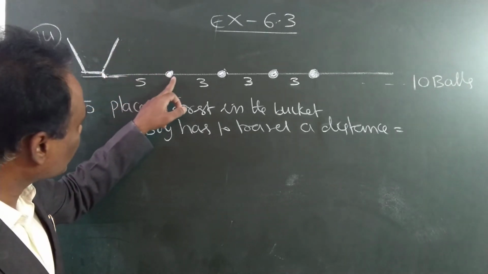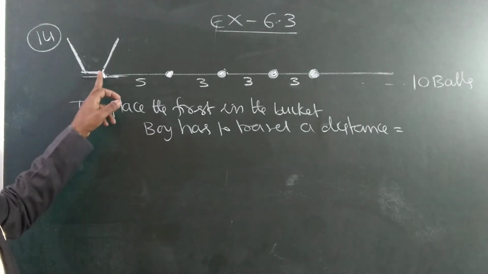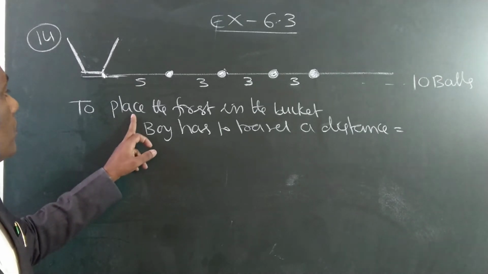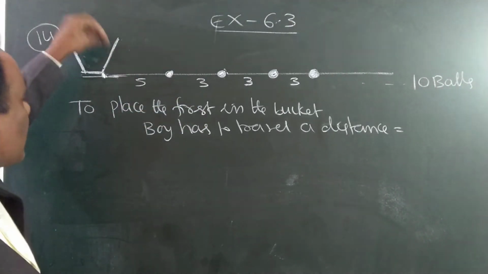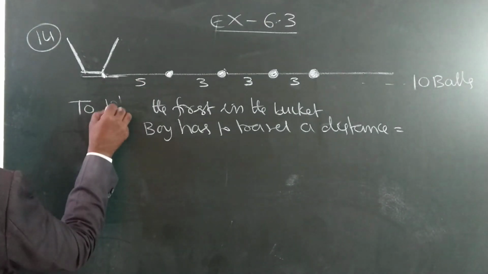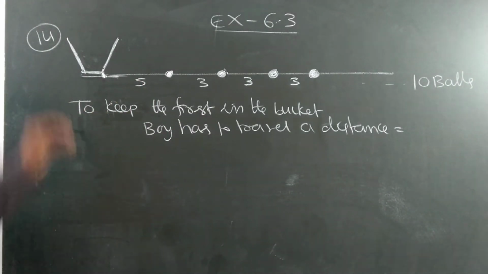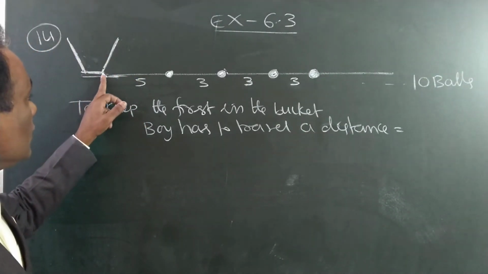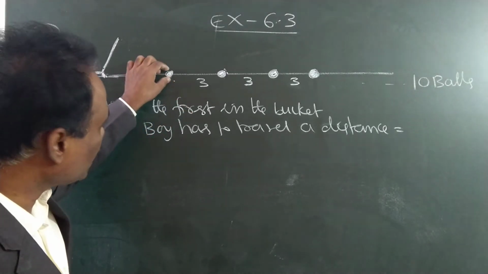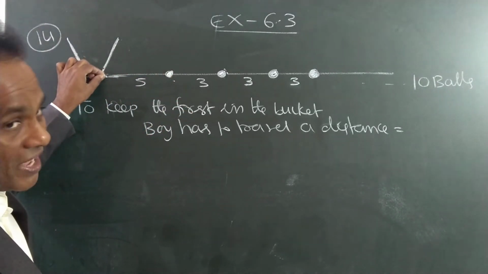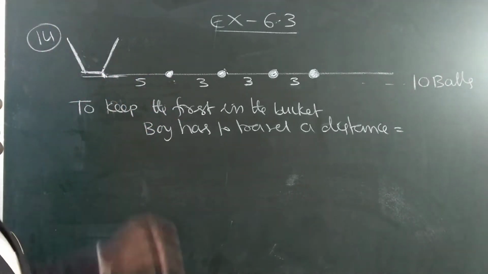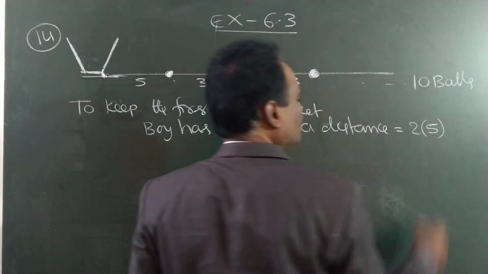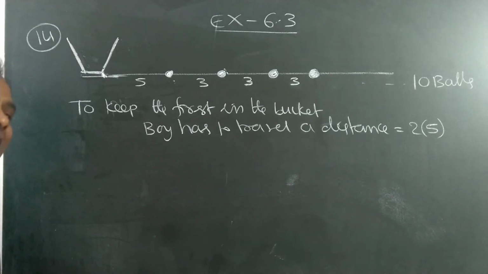That means 5 meters. Up to here 5 meters. Pick the ball. Again travel here 5 meters. So keep here. That means 5, 5, 10. That means 2 into 5 meters.